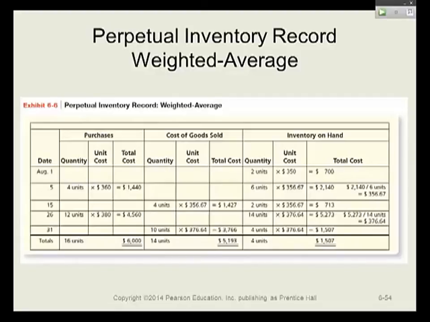So in a period of inflation, ending inventory should be higher under FIFO because these are the newest costs. And if LIFO assigns the newest cost to cost of goods sold, then it should be the highest cost of goods sold in a period of inflation. We're going to talk about that in just a few minutes.